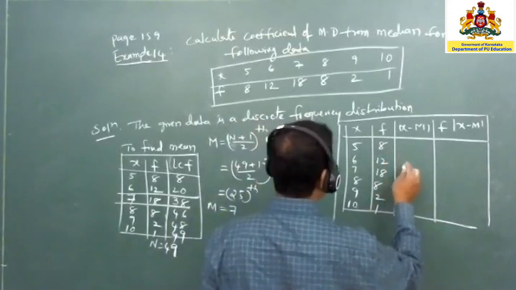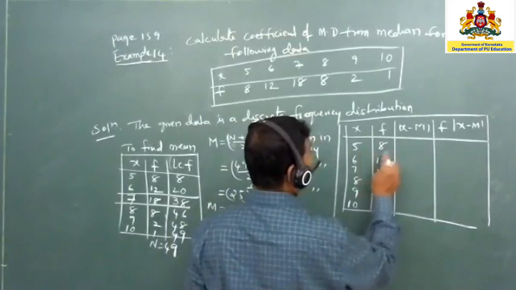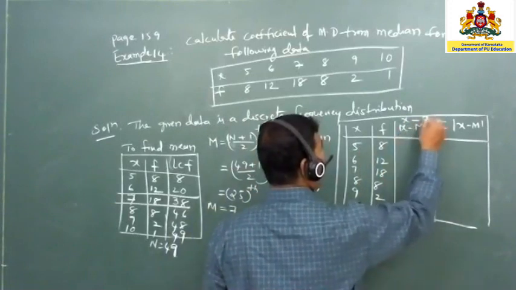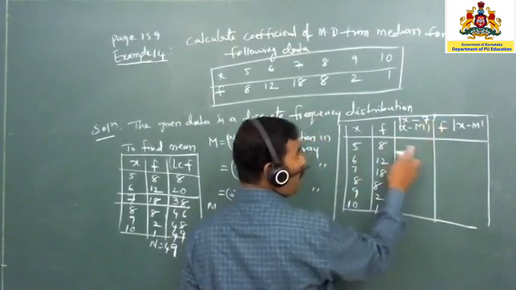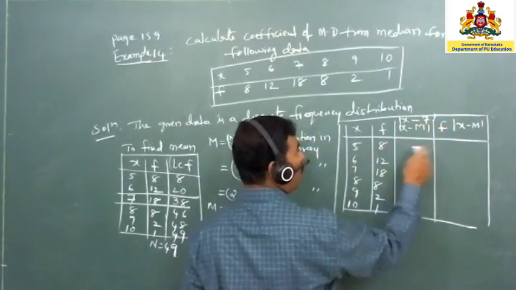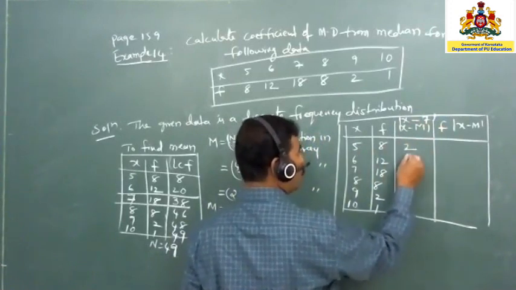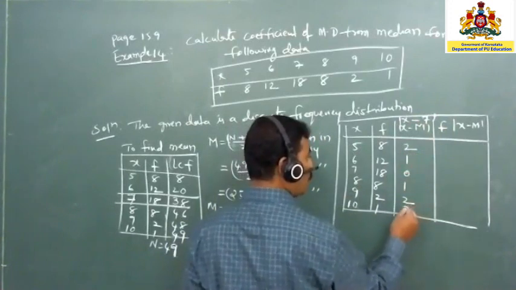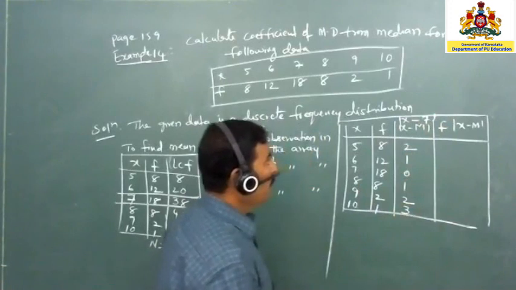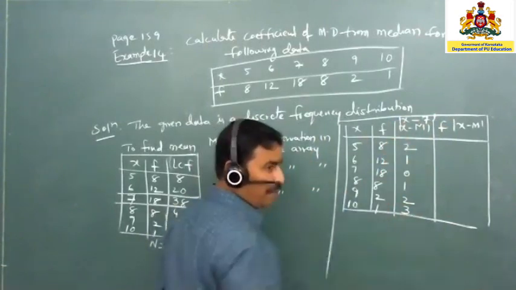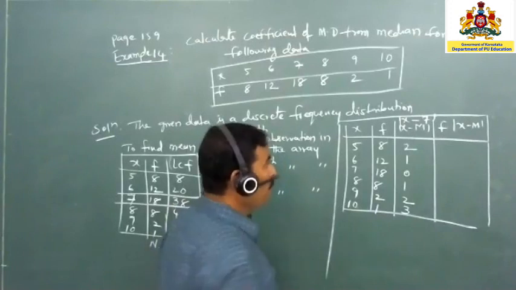Modulus of X minus M, where M is 7: X minus 7. Substituting x values, you will get the deviations: 2, 1, 0, 1, 2, 3.